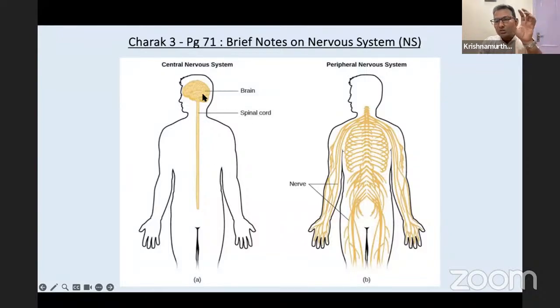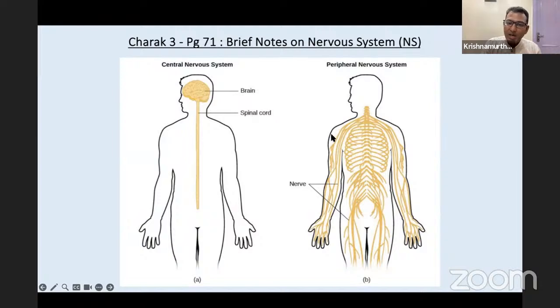You can consider the brain to be like the computer, the processing unit, where all the processing happens and the transmission has to happen, right? The first big cord coming from the brain is the spinal cord, and once this is coming, there has to be branching to all the organs and different parts of the body.